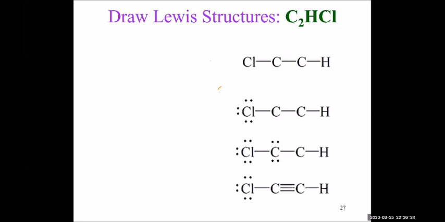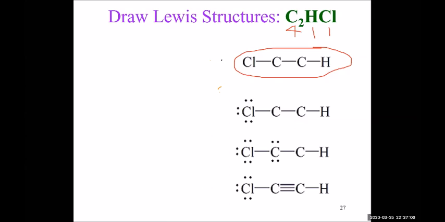Think about this: C₂HCl. Which atom can be the center before we count electrons? Carbon. Carbon can form 4 bonds, hydrogen 1 bond, chlorine 1 bond. So carbon has to be the center, and that's why we have this layout to begin with. The hydrogen cannot go here because chlorine can only form 1 bond.